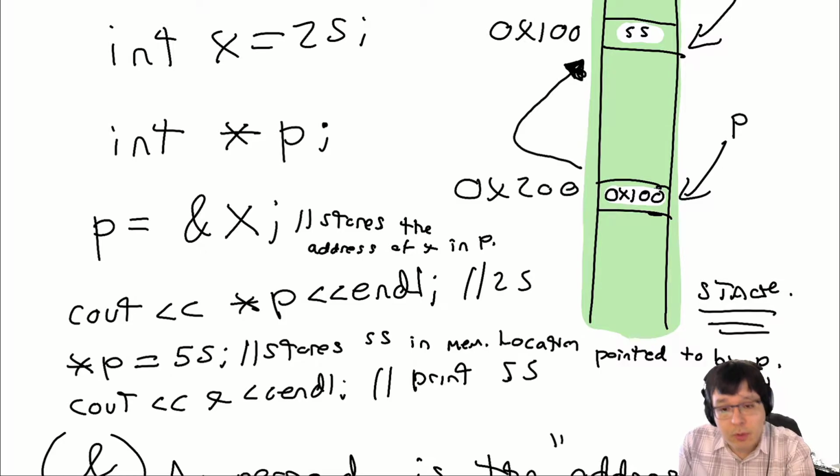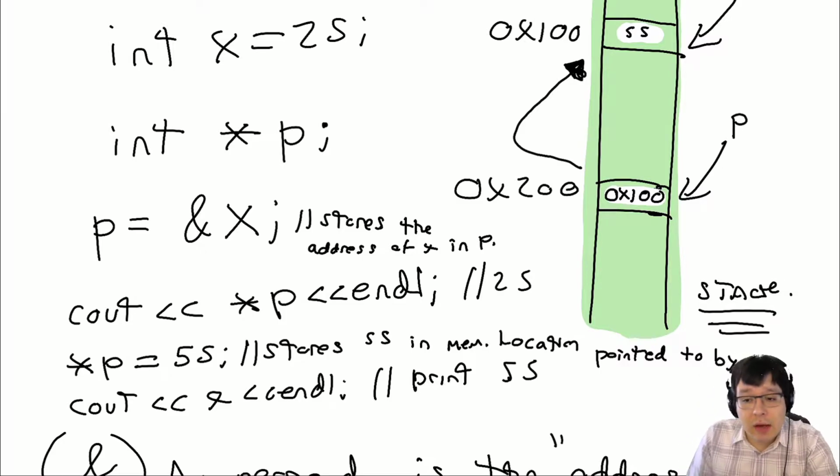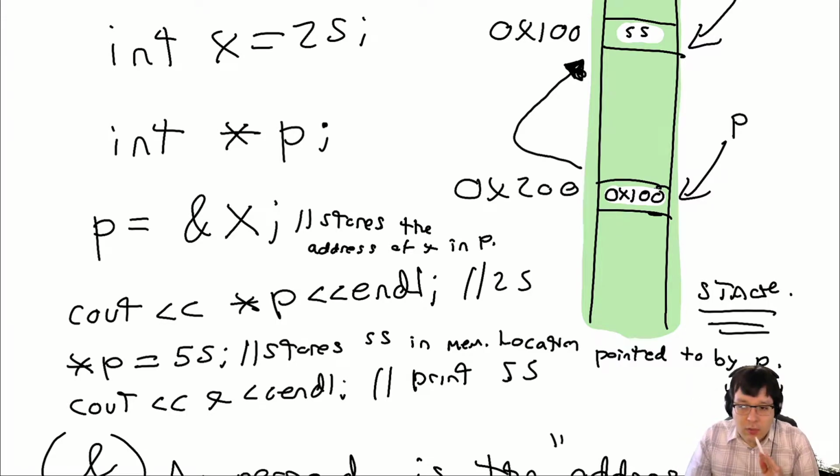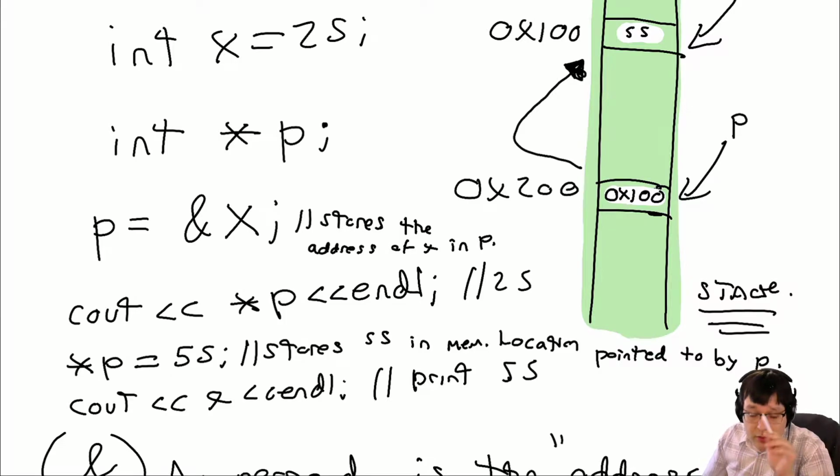If you were to say cout and then just p, you would get address 100 because that's what's in p. But if you say cout ampersand p, so if we replace this here with an ampersand, we'd actually get the address of where p itself lives, because all variables have an address. Everybody lives somewhere. There's no homeless variables here. If you want to get their address, whether it's a pointer or not, you use the ampersand.